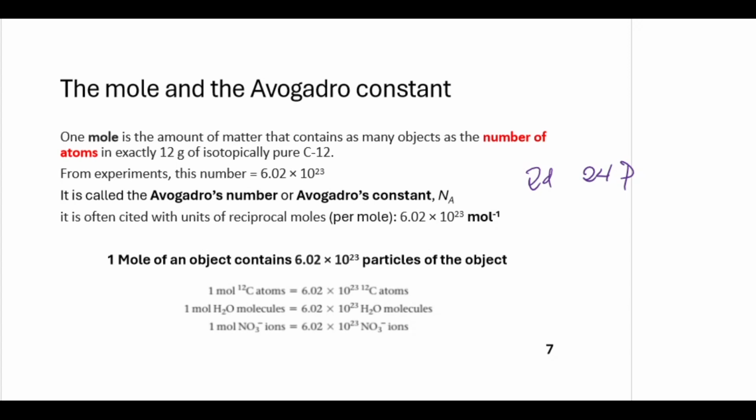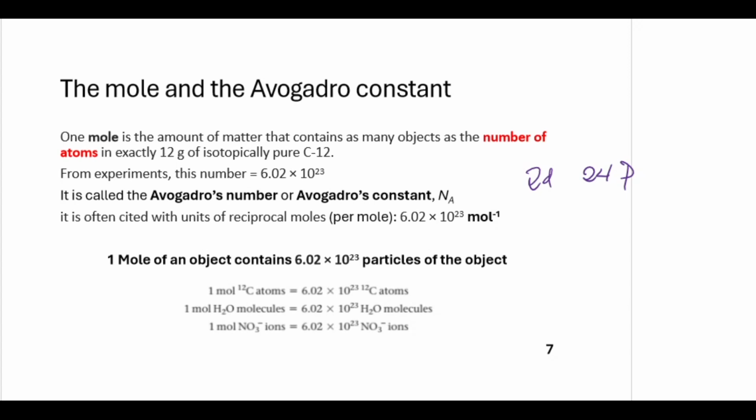So in chemistry, the counting unit for the number of atoms or ions or molecules in a laboratory-size sample is the mole. If you want to count the number of atoms or ions or molecules in the lab, we use the mole to do that. As we have here, 1 mole is the amount of matter that contains as many objects as the number of atoms in exactly 12 grams of carbon-12 isotope.